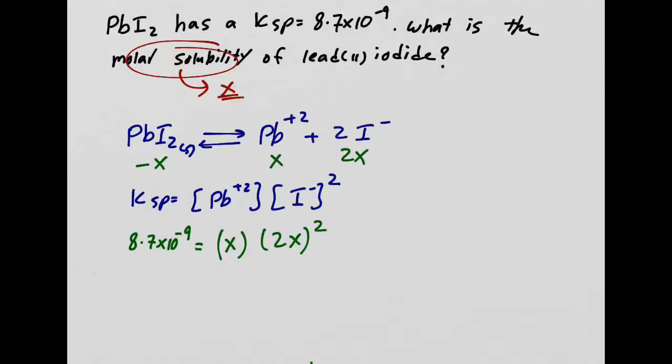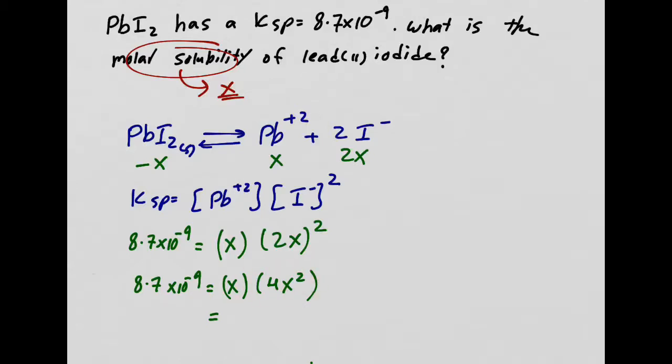Now here is where knowing your math makes a difference. So I have 8.7 times 10 to the minus 9. So this would be x. Now don't forget that. This would be basically 2 to the power of 2 and then x to the power of 2. So what would it be? It would be 4x squared. Now if I combine all of these together, what do I end up with?